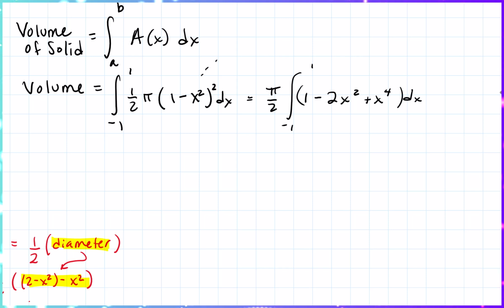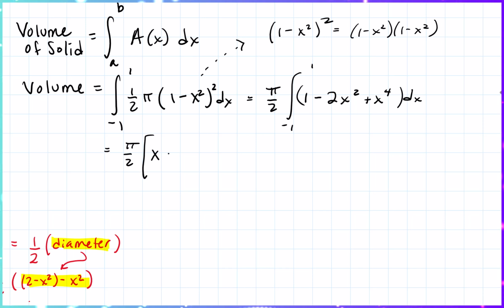Remember, don't get caught in that little common algebra error that I see all the way through the calculuses. Don't forget that that means that we're squaring, right? So we're multiplying that binomial all the way out. Okay, so this becomes pi over 2. We integrate. This is x minus 2/3 x cubed plus 1/5 x to the 5th, and we're evaluating that from -1 to 1.